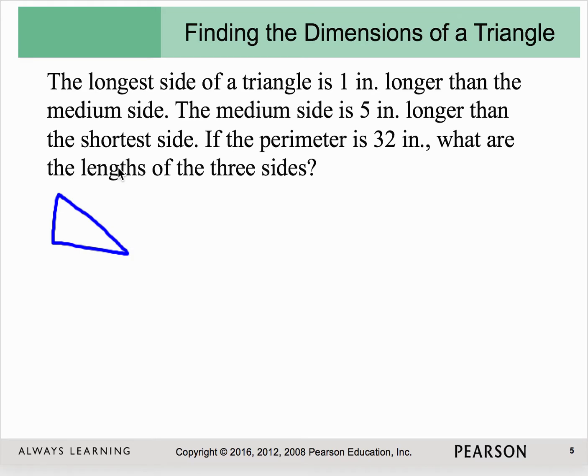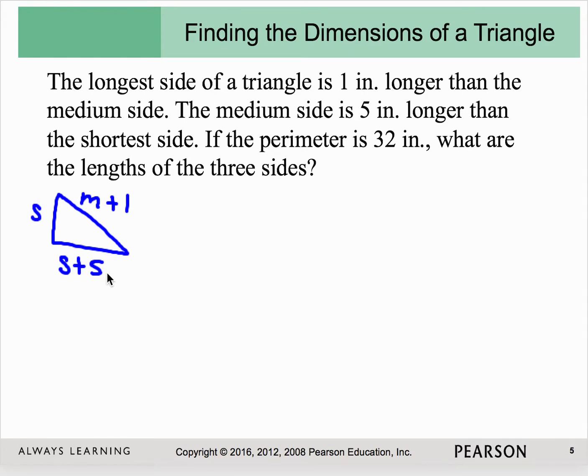Okay, here's my longest side is 1 inch longer than the medium side. So this is the medium plus 1. The medium side is 5 inches longer than the shorter side. So the shorter side plus 5 is this medium. And then it just says the shorter side, so I don't know anything about the shortest side.